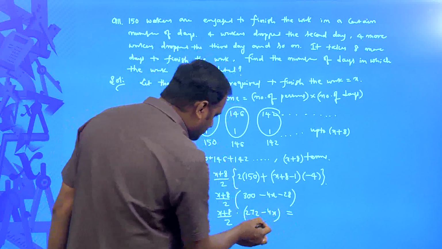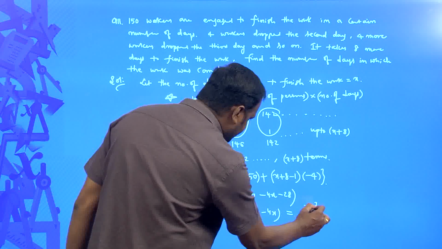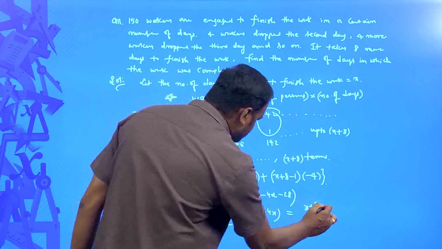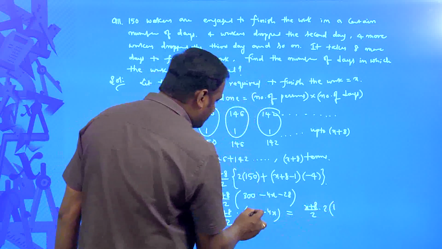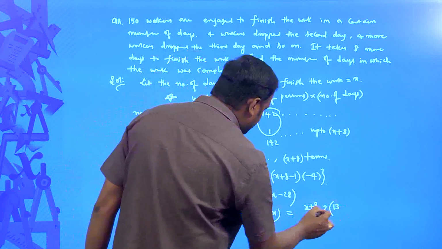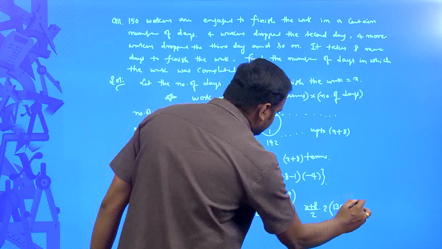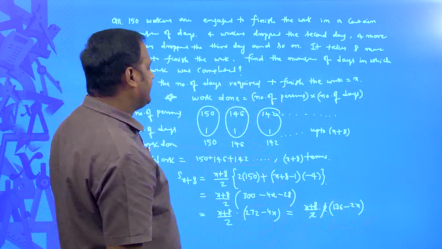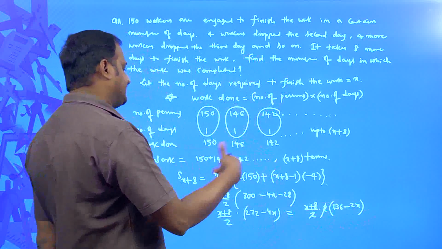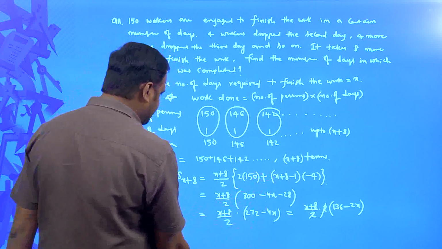So, if I take 2 common from this, then x plus 8 divided by 2 into 2 into 2 1s are 2, 2 3s are 6, and then 2 6s are 12, minus 2x. So here 2 and 2 get cancelled. Finally, I got x plus 8 into 136 minus 2x.